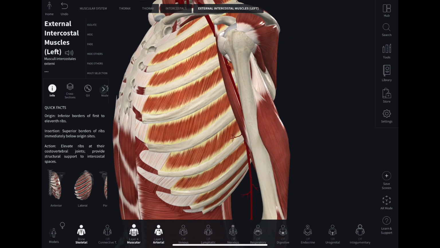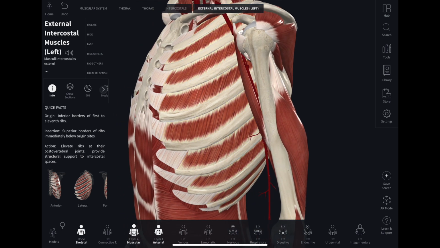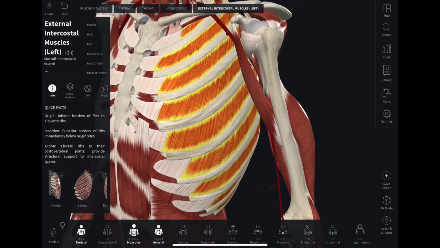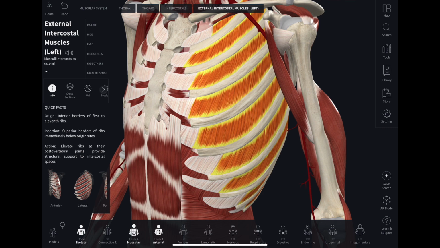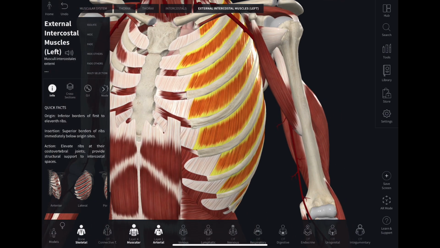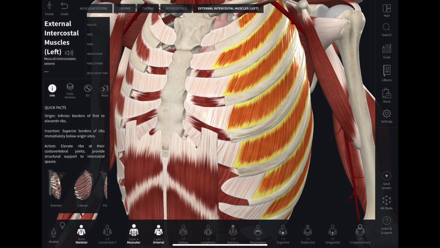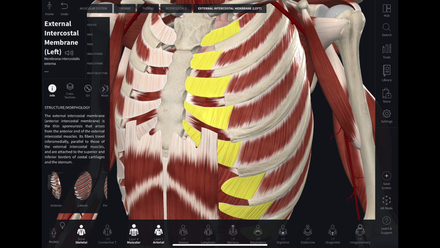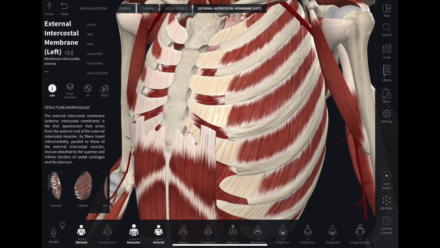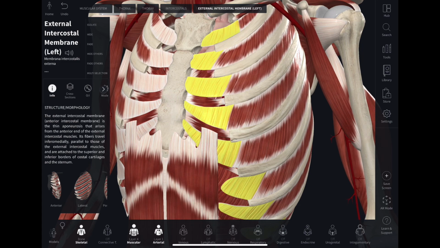The muscle elevates or lifts up the ribs as the chest cavity expands when it allows air into the lungs. We could see that it ends right about here where the membrane is, right before the cartilage of the rib starts.